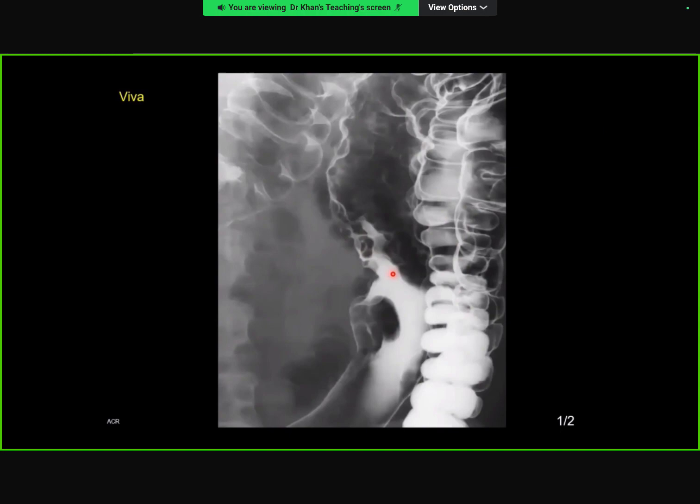So I've got a double contrast enema because I can see all the large bowel here. And I can see there's this loop of bowel in which there are ovoid areas where there's no contrast in it, and multiple lucent ovoid areas within the loop of bowel.